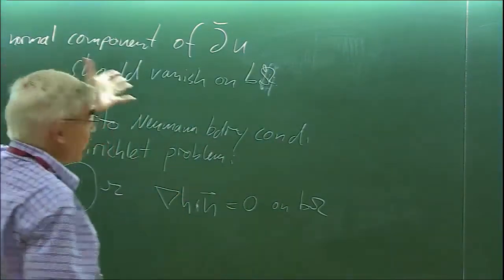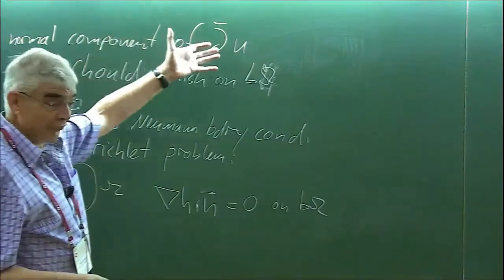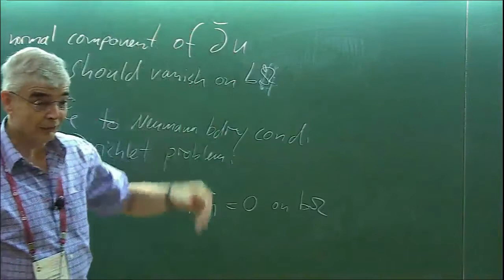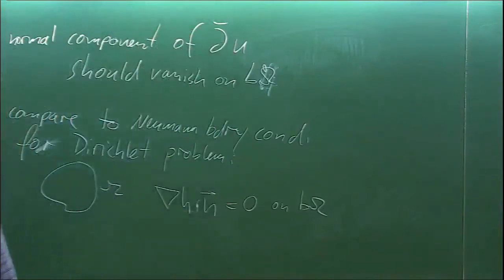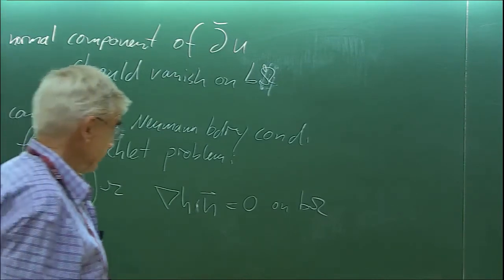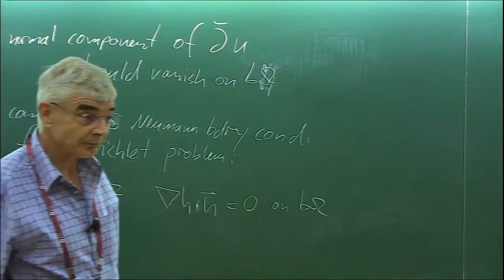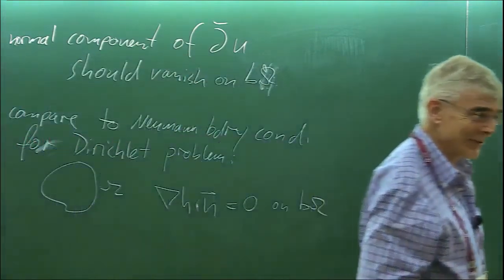And here, instead of d, we have the d bar, and so the normal component of d bar should vanish on the boundary. I believe that is how the terminology d-bar Neumann problem originated in the late 50s, early 60s. Does that answer your question?